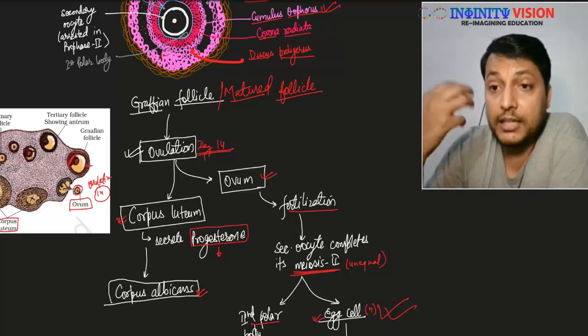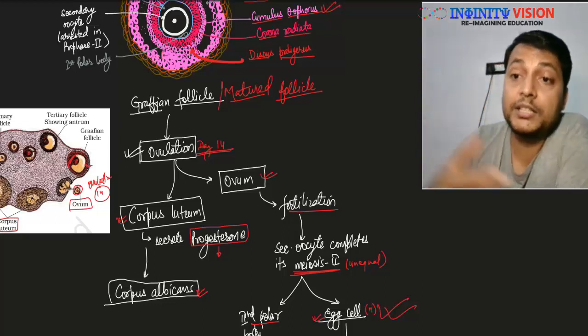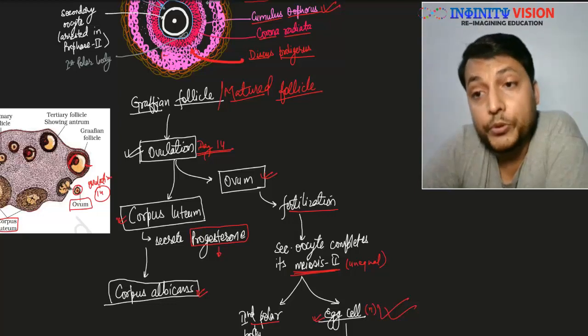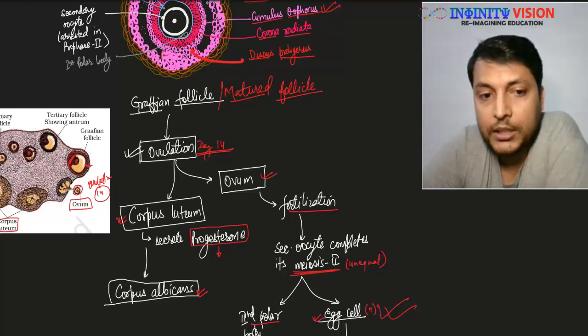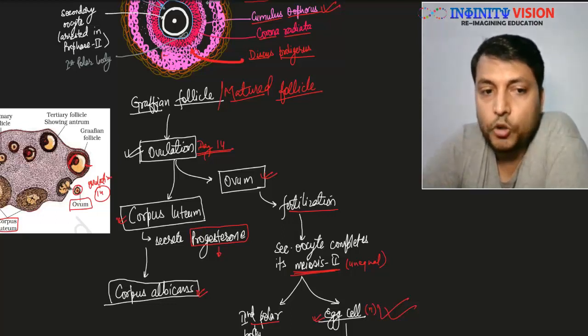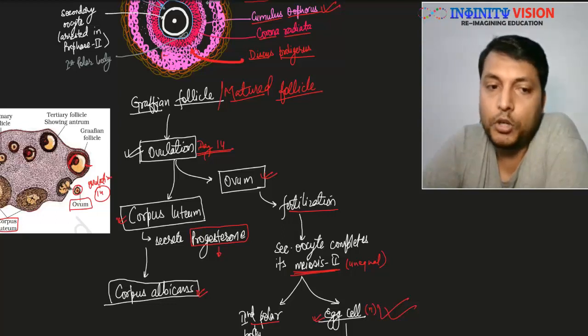It secretes a particular female sex hormone in large quantity called progesterone. If pregnancy does not occur, the corpus luteum will degenerate in the next 14 days and the scar tissue of corpus luteum is called corpus albicans.